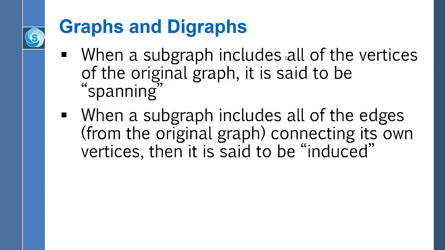Our example of a subgraph a moment ago was not spanning and it was not induced. It was not spanning, it didn't use all the vertices. And the reason it wasn't induced is because there are two vertices, I believe they were C and D, but don't quote me, but there were two vertices in that subgraph that we did not include the edge between, even though there was such an edge in the original graph.